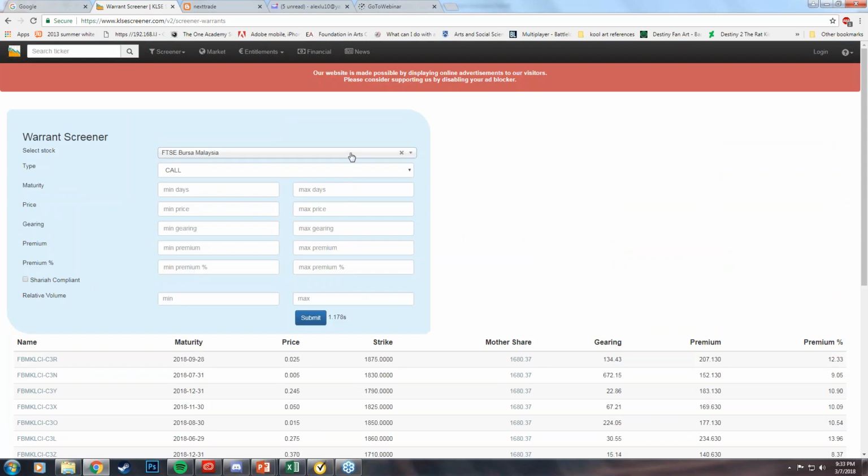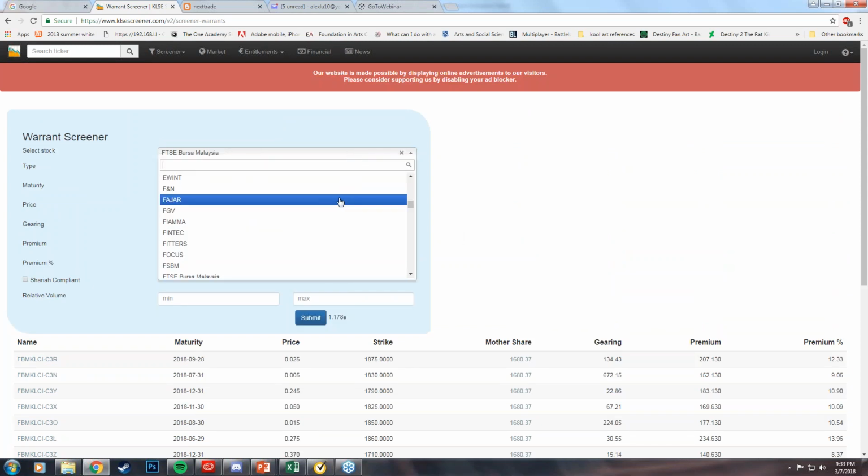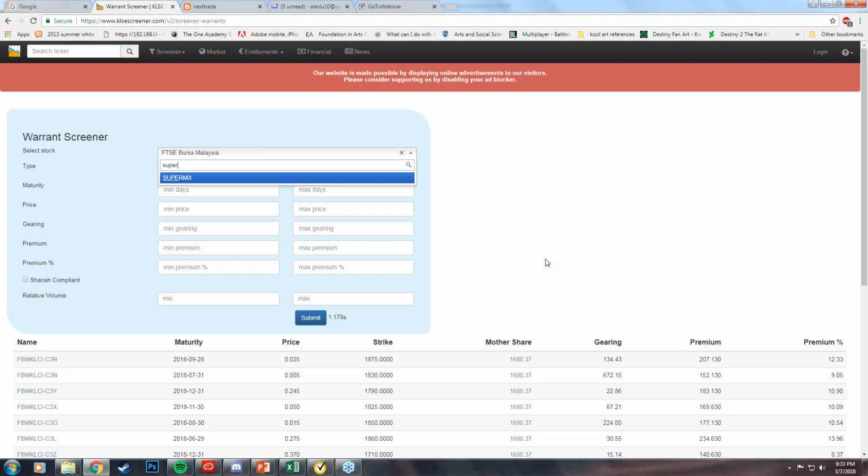Maybe I choose a stock to go with that, then it's easier for you to see, because some of you may not be looking at indices. For example, one of the stocks that is really going up very gung-ho is Supermax.